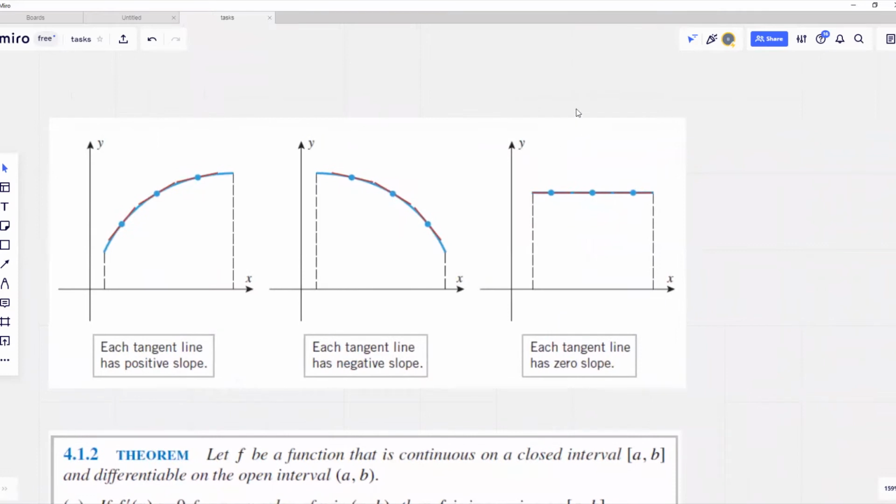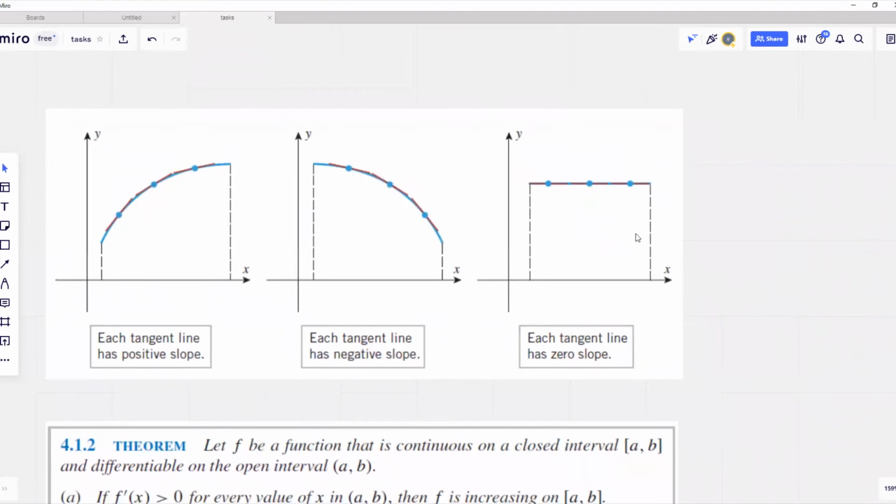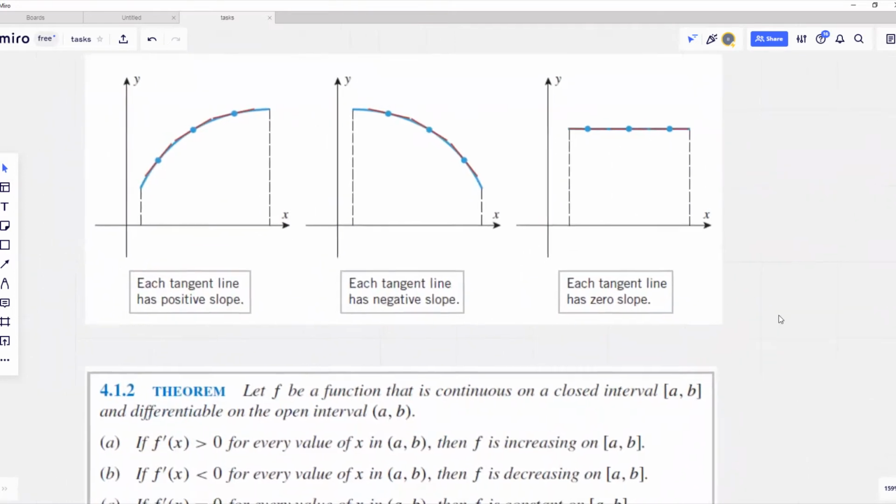And in the last graph here, we have a constant function. The value of the function at point x is the same for all x's in some interval. This is simply a straight line parallel to the x-axis, meaning that slopes of all tangent lines in that interval where the function is constant are equal to 0.